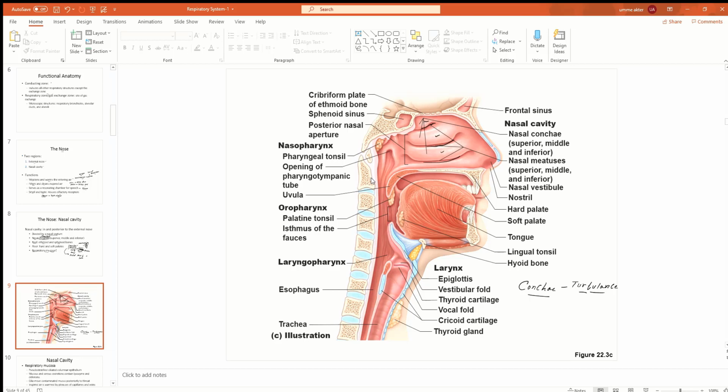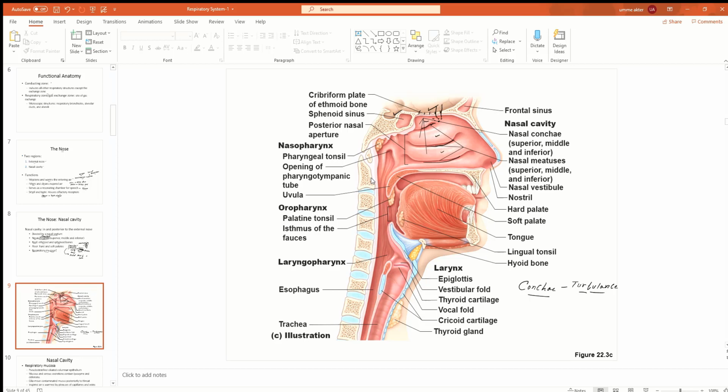Now you see the roof. This is the ethmoid and this is the sphenoid. So these two bones, and you remember in the ethmoid bone you have seen the cribriform plate has many tiny holes, olfactory foramina. So what happens, the smell receptors send the olfactory nerve fibers that go to the brain, right?